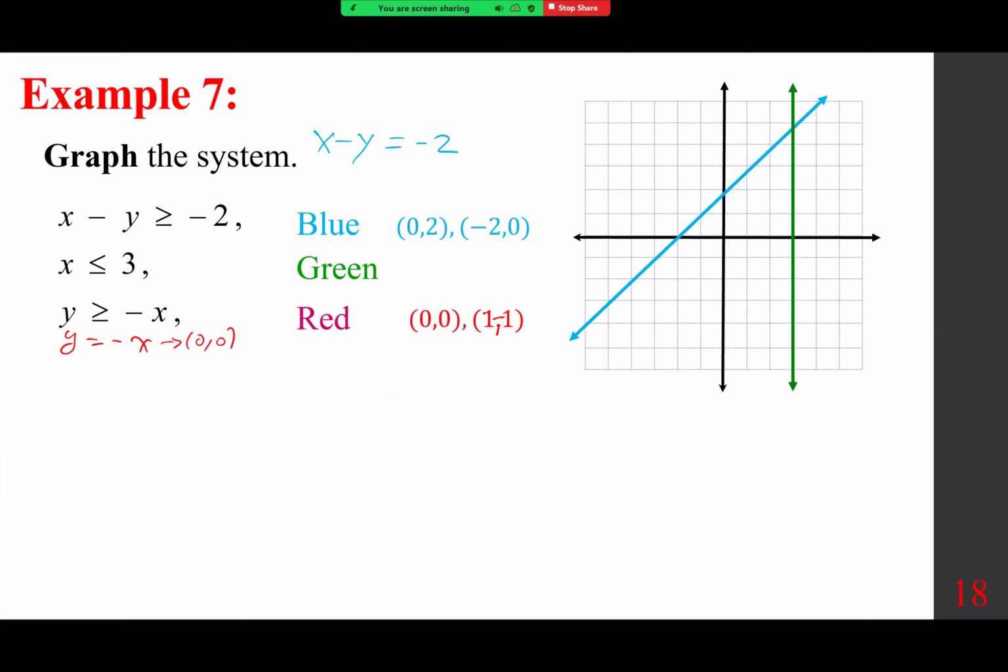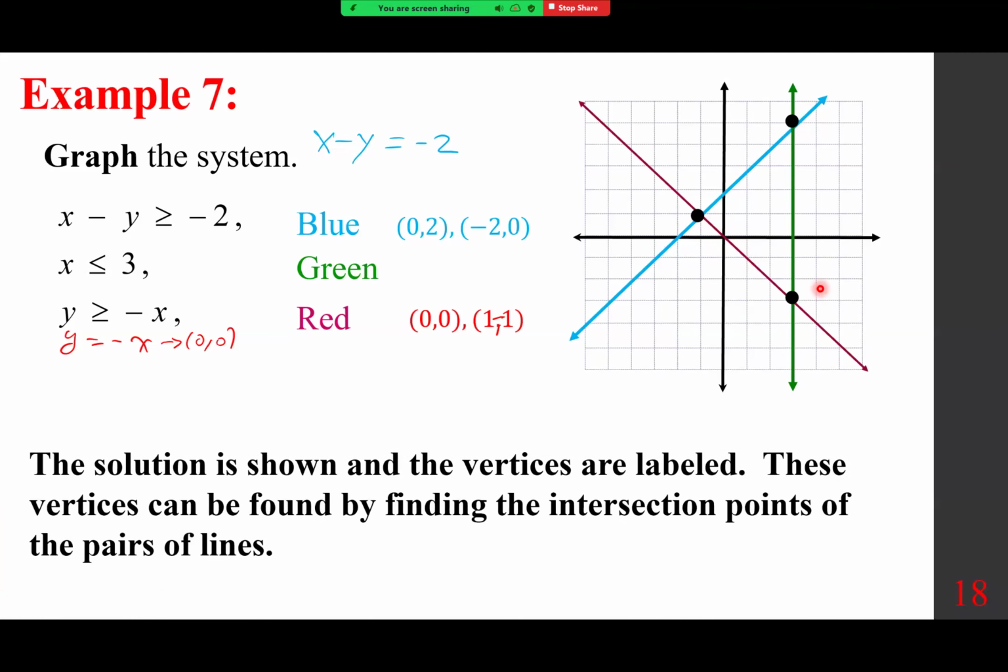So if you graph it, notice everybody, we have (0, 0) here, (1, -1) here. And so if you use the test point (0, 0), it makes it easy. And those are the points of intersection among those. We're going to discuss them in a moment. But the test point can be (0, 0).